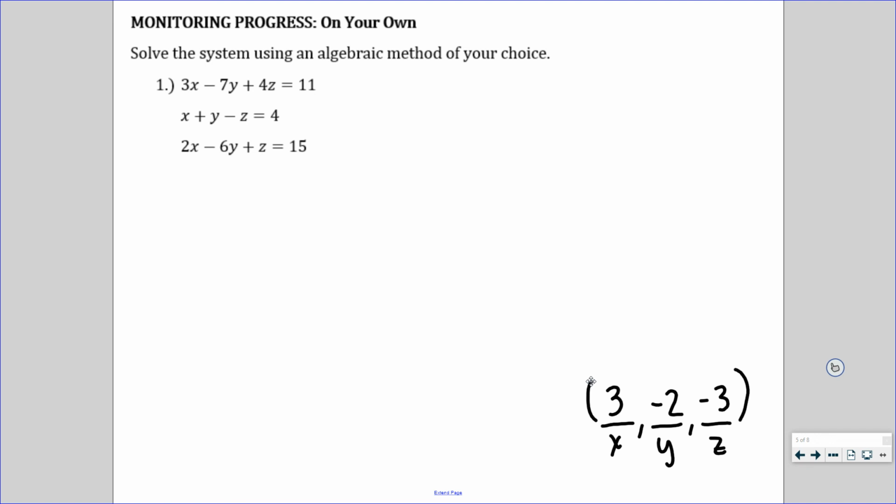Yep, so now you gotta eliminate X from this one. Yep, you get to pick. I'd probably do this one. Do you want to eliminate it with this one? That made it 2X.